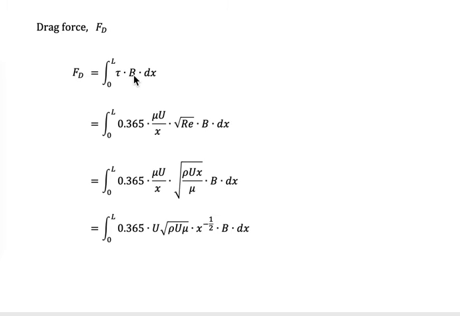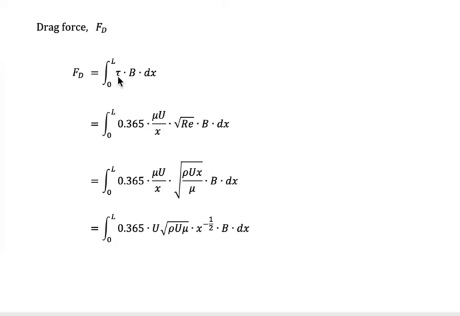B is the width of our thin flat plate, and dx is the length in the x-axis, so B times dx represents the area. So tau times A gives us force. The integral limit is from 0 to L, where 0 is the origin and L is the maximum length of our flat plate.